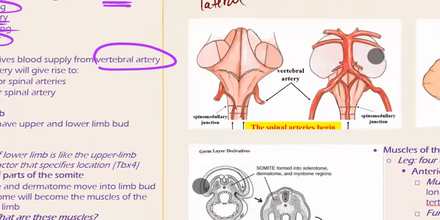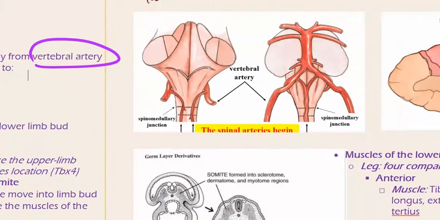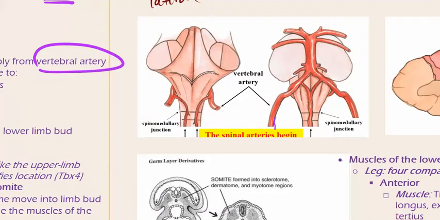So here we go. Right here, this is the vertebral artery. And where's the vertebral coming off from, Brandon? Subclavian.